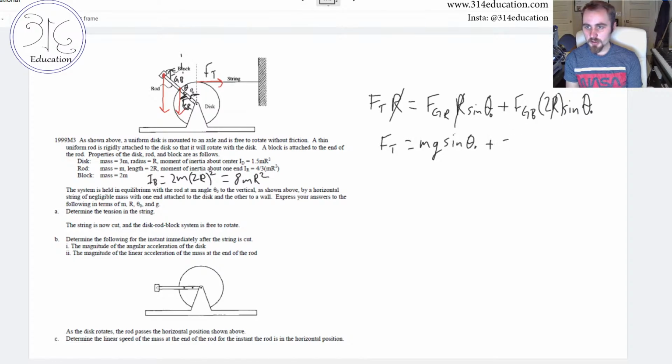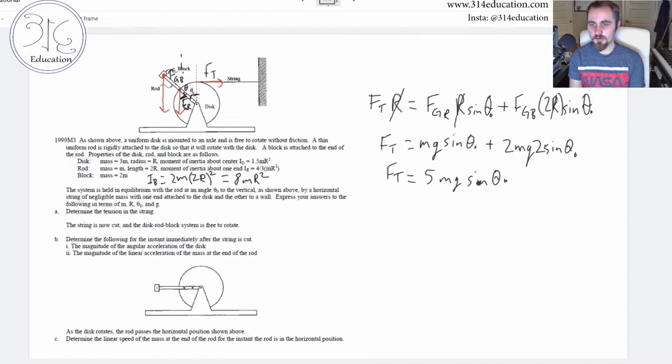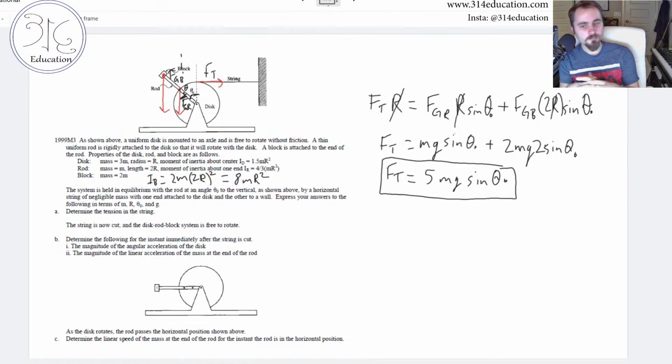And then the block is 2m. So we have 2mg times, we have then a 2 sine theta naught, because there was a 2r here. The r's got canceled, but the 2 didn't drop out. So that gives us our Ft, when we combine these, 2 times 2 is 4, plus 1, gives us 5mg sine of theta naught for our force of tension in the string. Good, good.